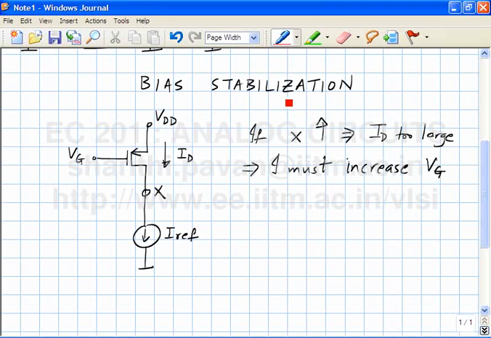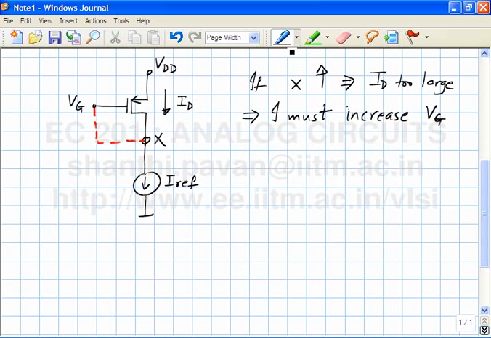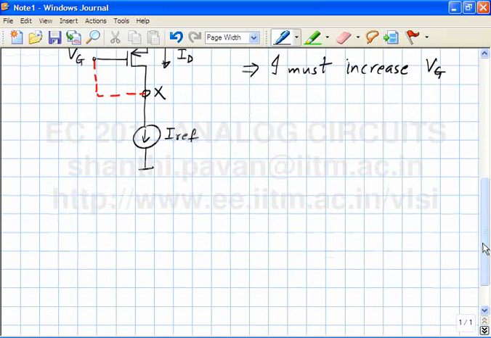As we have seen with the NMOS case, the obvious thing to do is to connect X to VG. And I'm obviously skipping a lot of details, simply because you're used to the same stuff from before.